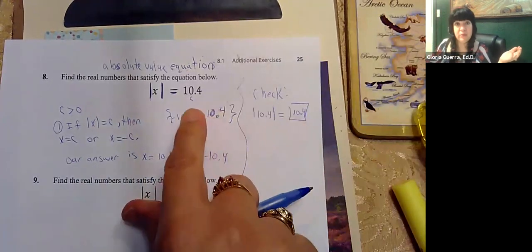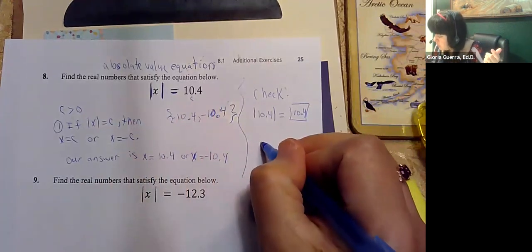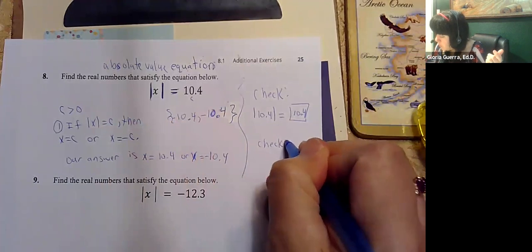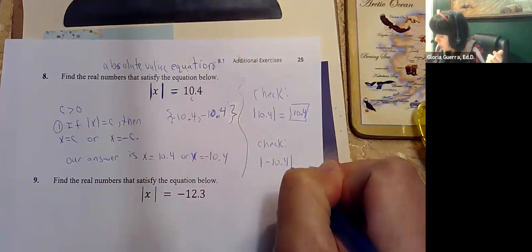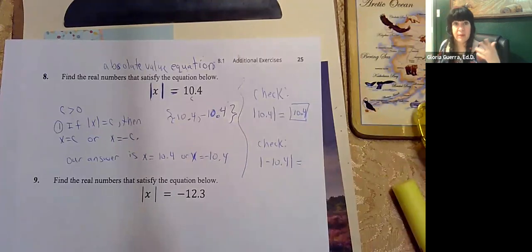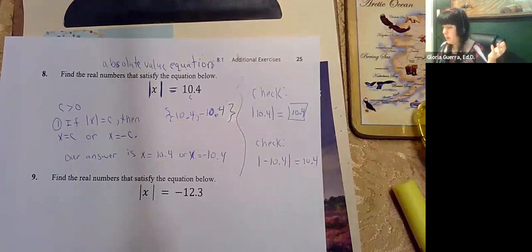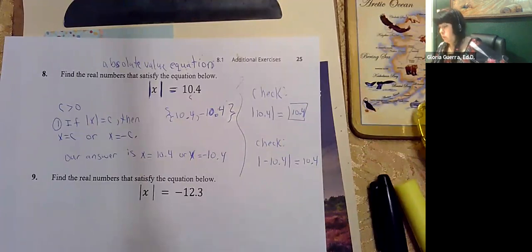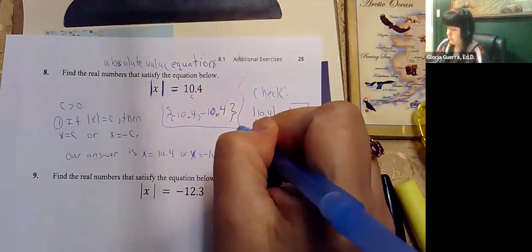And you see, that's what they need. So this is one of your answers. Then let's also do the other check. What if we let it be negative 10.4? Well, the absolute value of negative 10.4 is 10.4. And so these are good checks that give you true statements. So this is our answer.